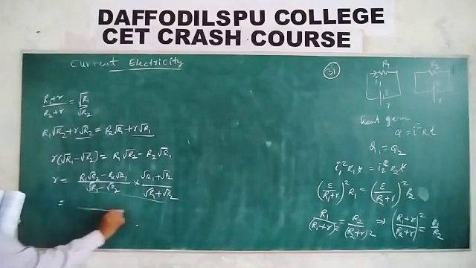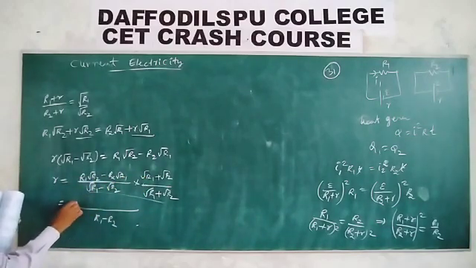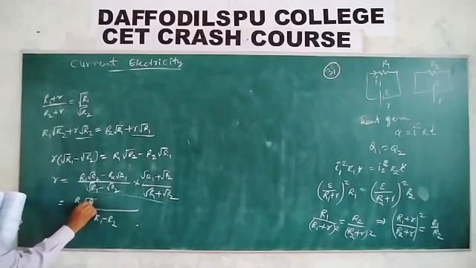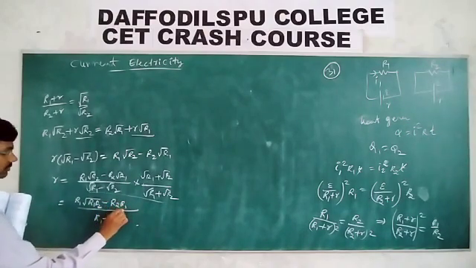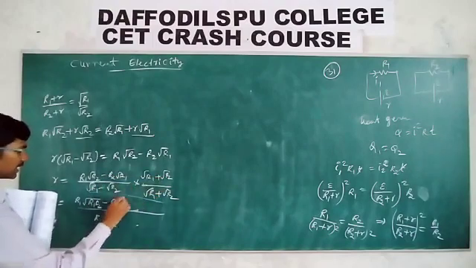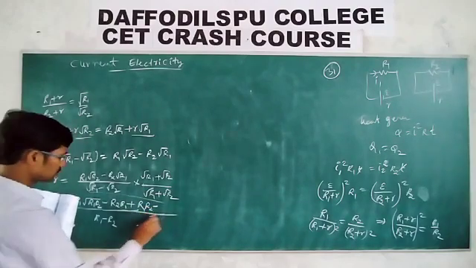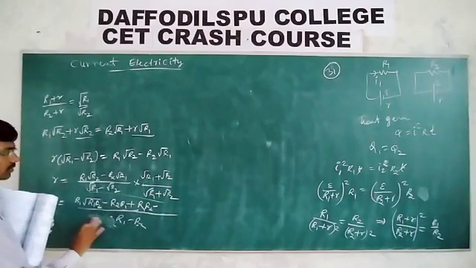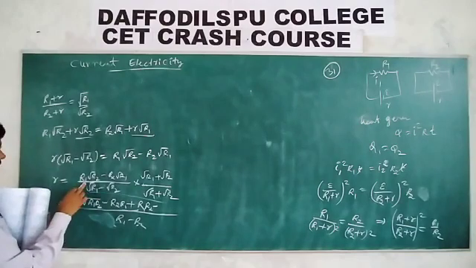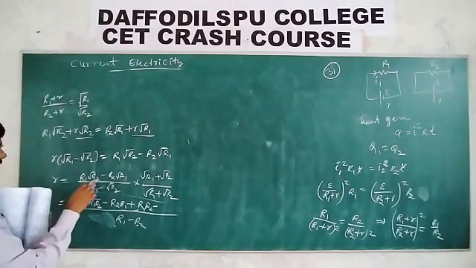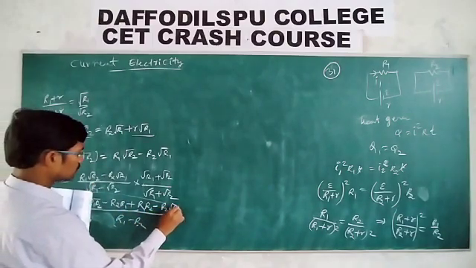So what is the answer in this one? In the numerator, R1 into root R1 R2 minus R2 into R1 root R1, plus R1 into R2 minus R2 root R2 R1.